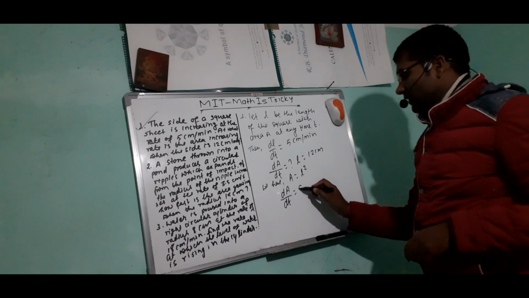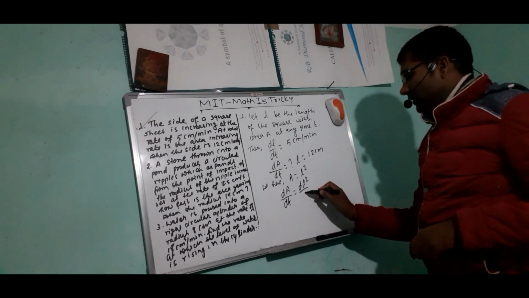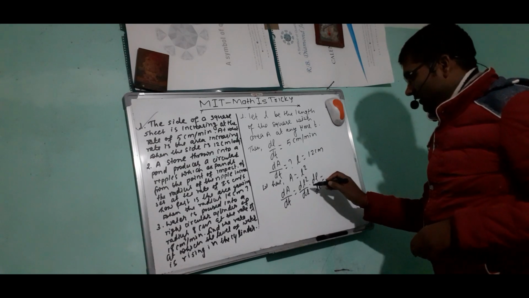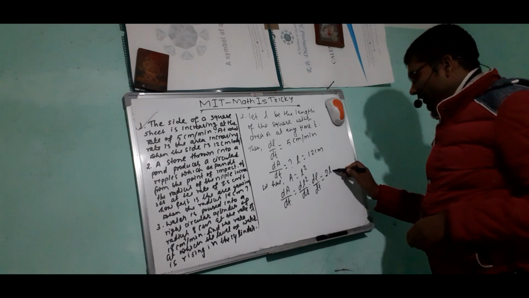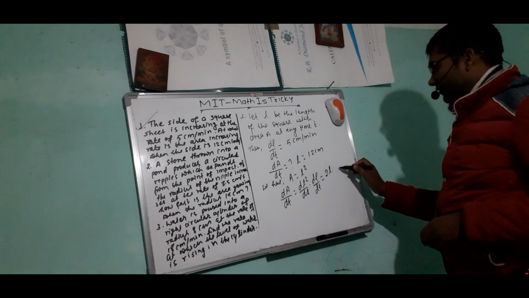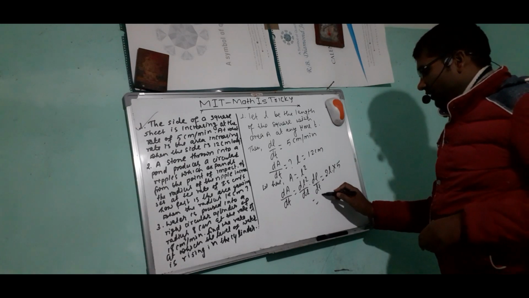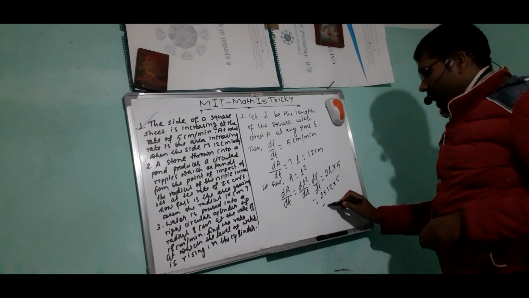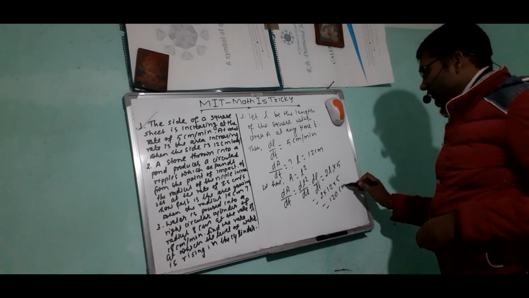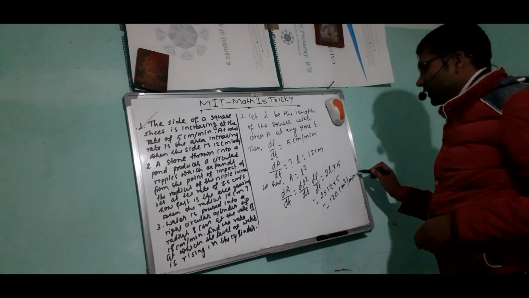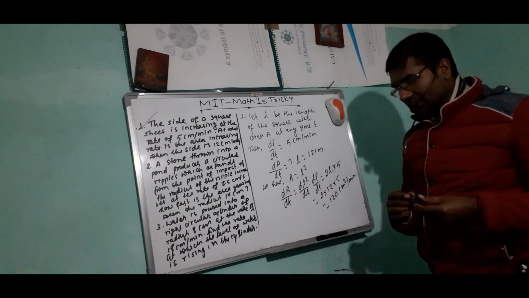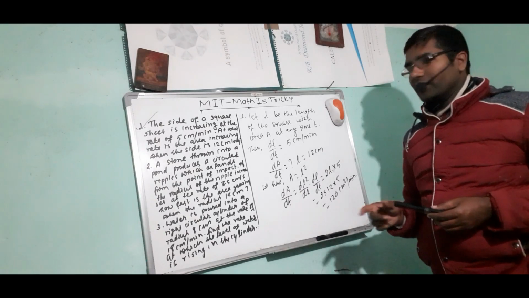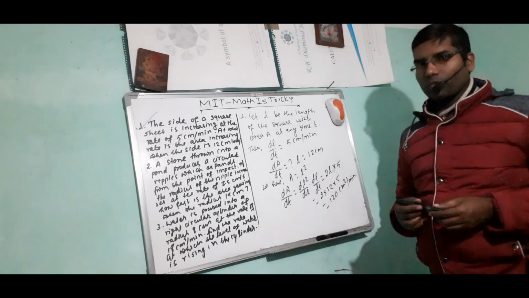We get d(L square) by dL into dL by dt, so we can write 2L into dL by dt. dL by dt is given as 5, so 2 into L, which is 12, into 5, so it is 120 cm square per minute. It means the area will be increasing at the rate of 120 cm square per minute when the side is 12 cm. Hope you understood this.